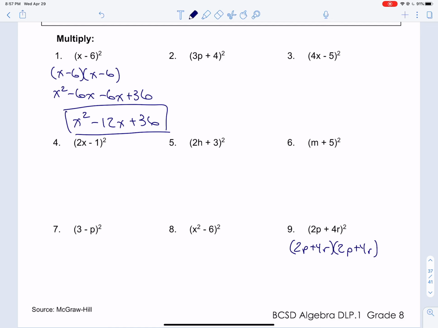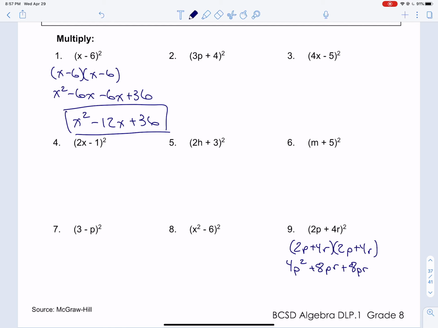So 2p times 2p is 4p squared. 2p times 4r is 8pr. And then this next one, we go to the 4r. So we could think of it as 4r times 2p. That's 8rp. But we can rewrite it because of the commutative property.